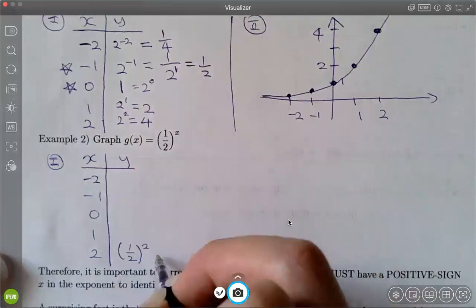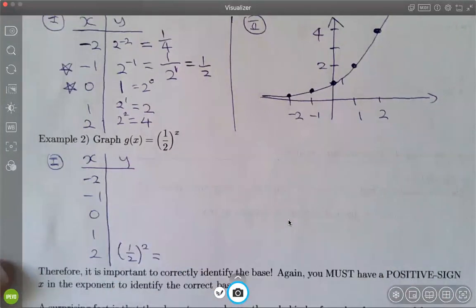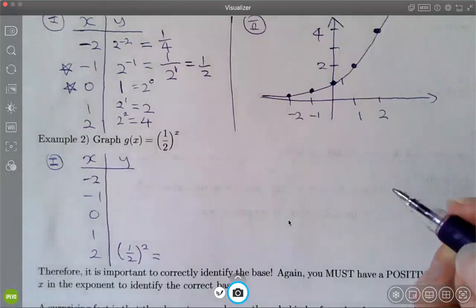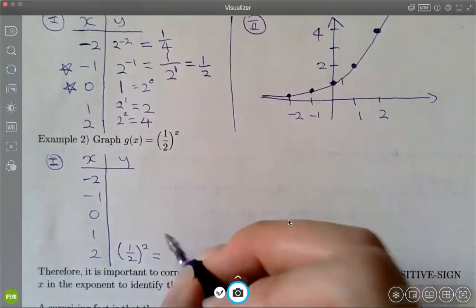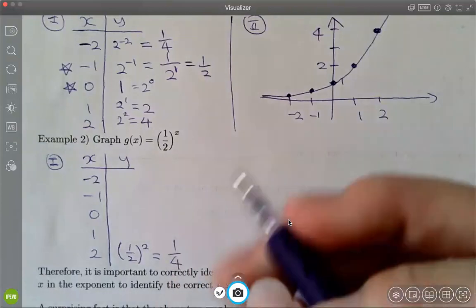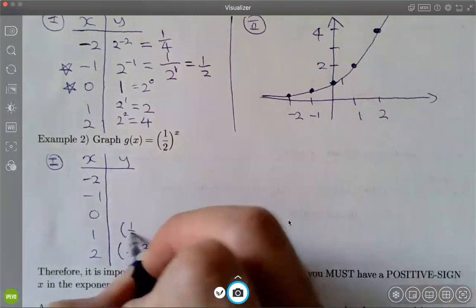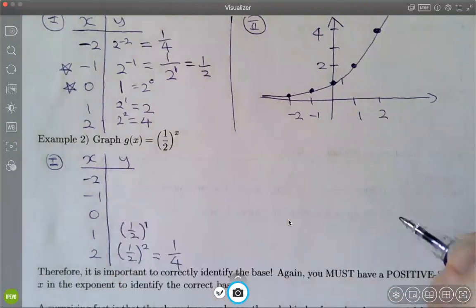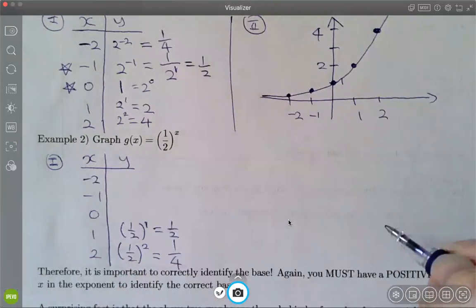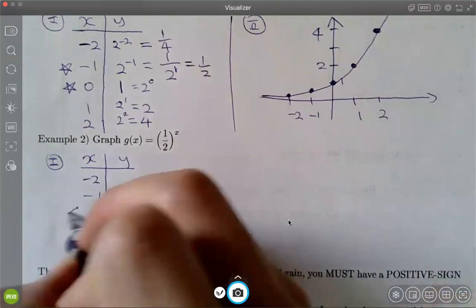And what's that equal to? 1/4, right? Yes, because it's 1/2 times itself. And we have 1/2 to the first power when x is equal to 1. Anything to the first power is equal to itself, so it's just 1/2.